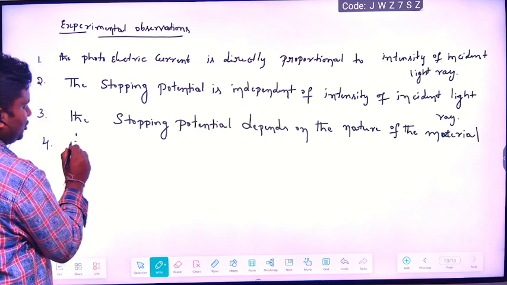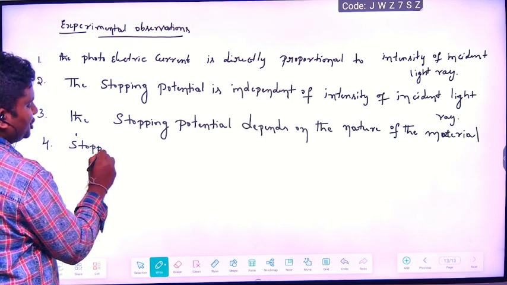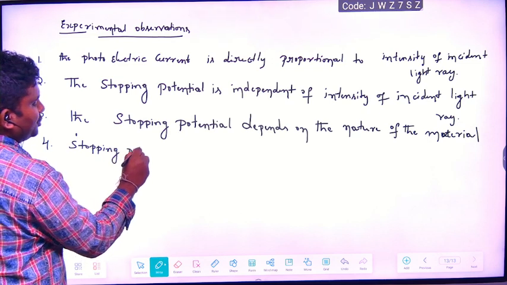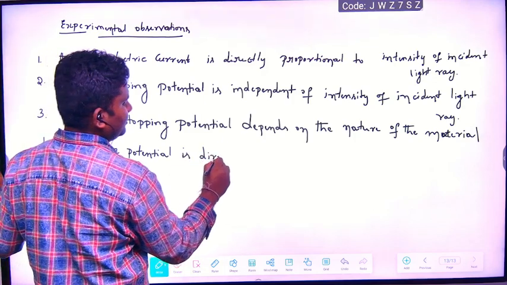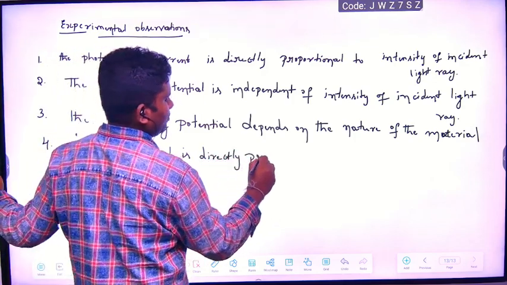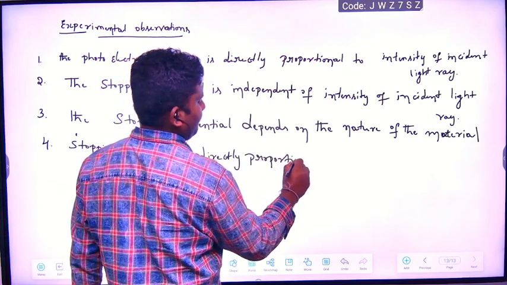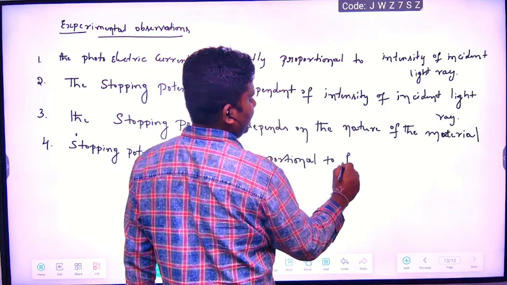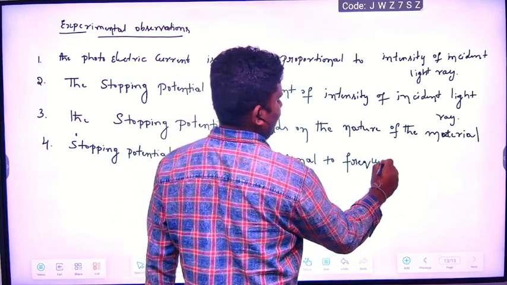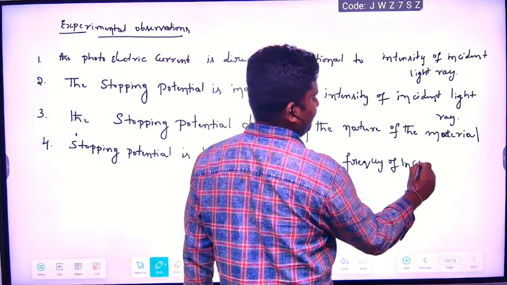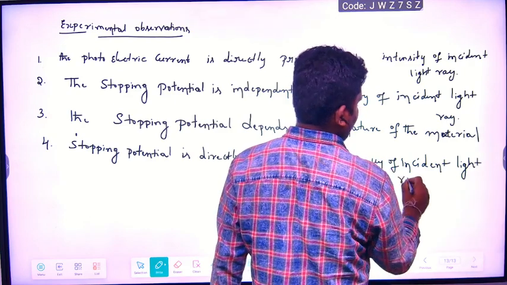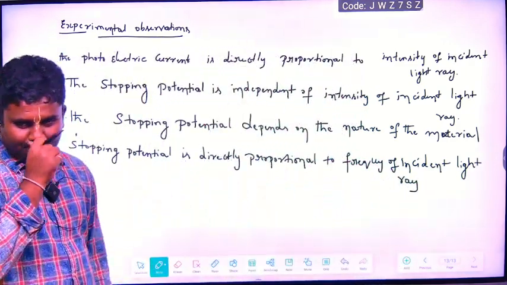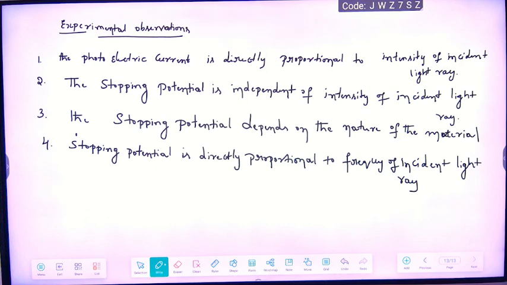Write down: stopping potential is directly proportional to the frequency of the incident light. Understood?